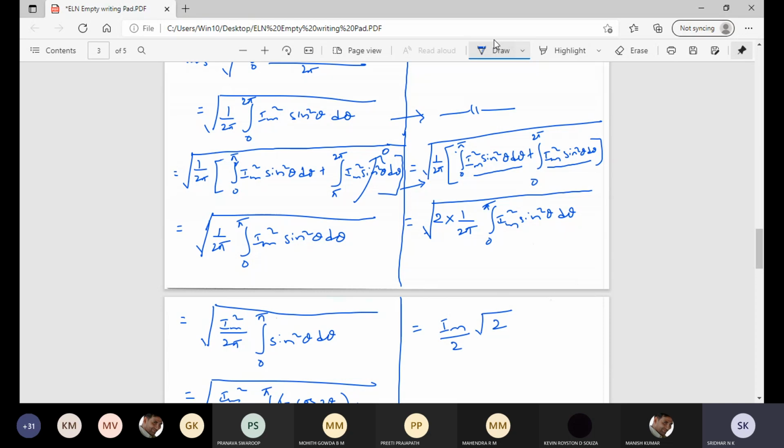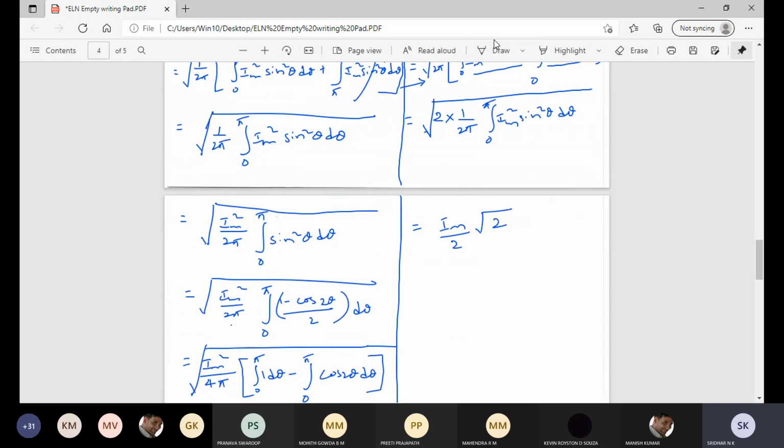So I can write Im by root 2. This is my IRMS value for full wave rectifier. Similarly, if you want to find VRMS, it will be VRMS is equal to Vm by root 2.